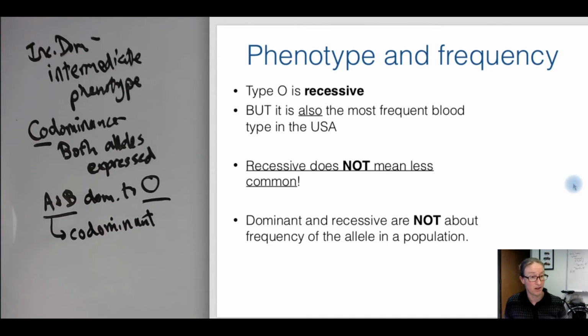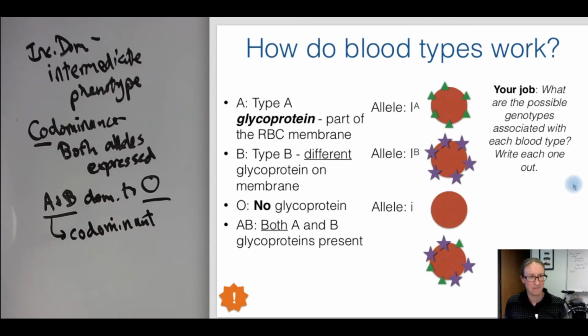It can be more common. So this language about inheritance, talking about incomplete dominance, codominance, dominant recessive, does not tell you anything about the frequency of an allele in the population. And as I've said, we'll come back to that point.